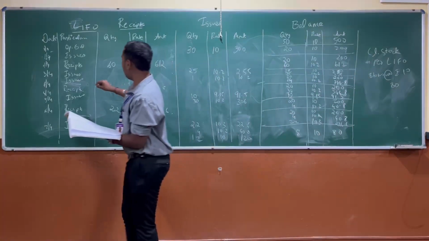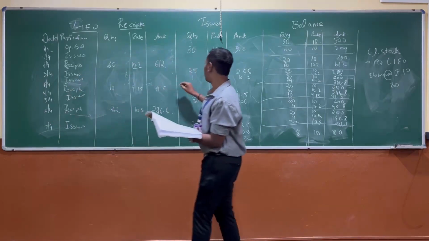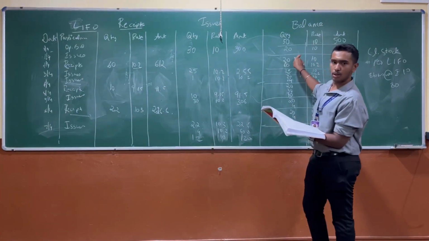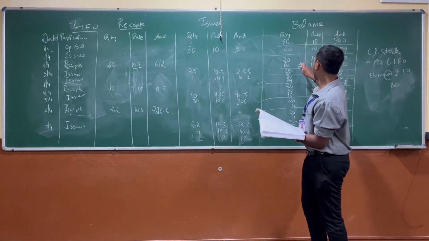Now a new thing: when you issue goods out of the factory, you take it from this lot. Previously we took it from the previous lot, but now, because it says last in first out, we're going to take it from this lot.